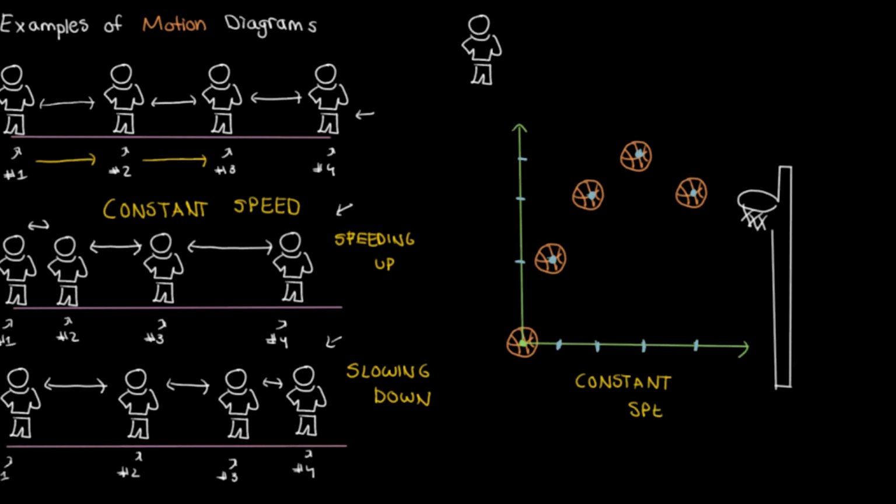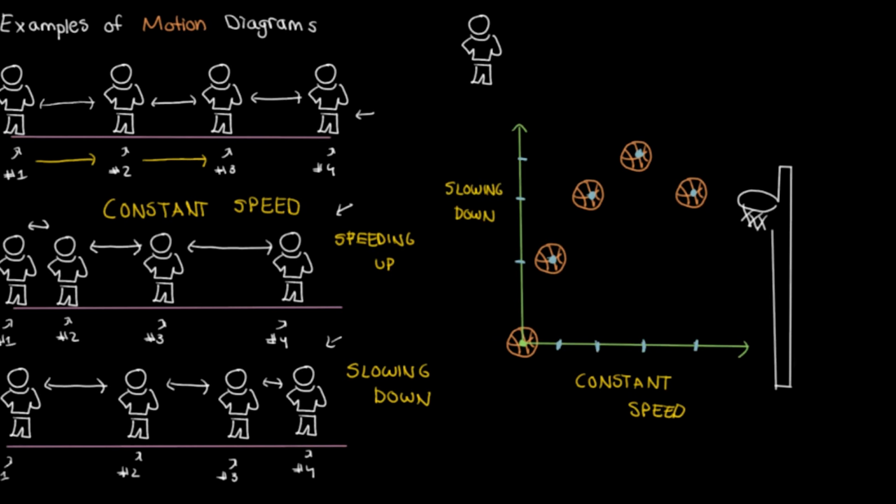If we're looking only at how it's traveling to the right, it's traveling at a constant speed. But if we look at how it's traveling up, we can see the lines get a shorter and shorter distance from each other as time continues. So we can say as it travels up, this ball is slowing down, right?